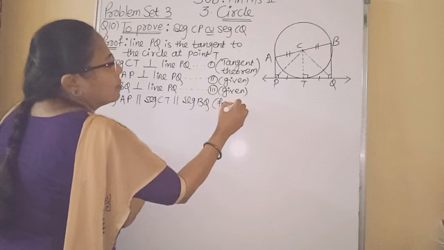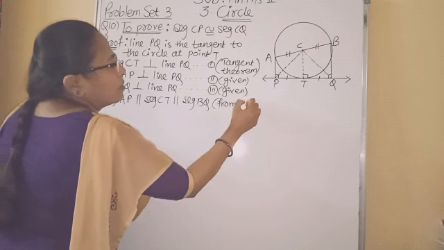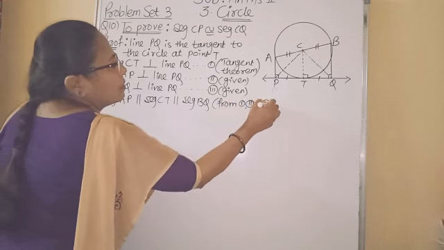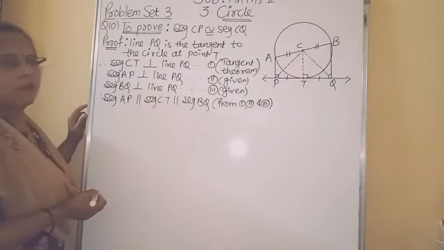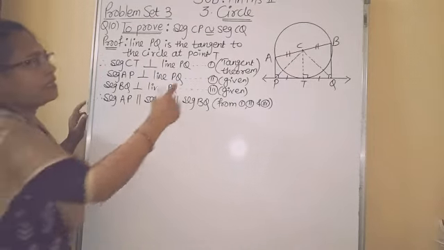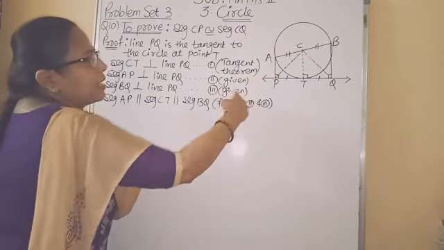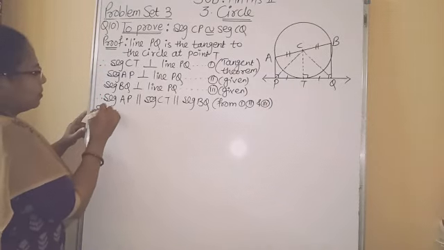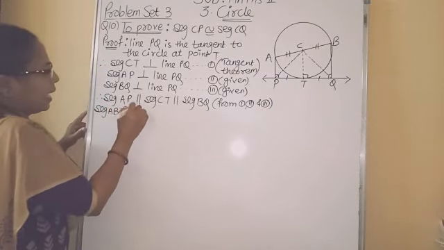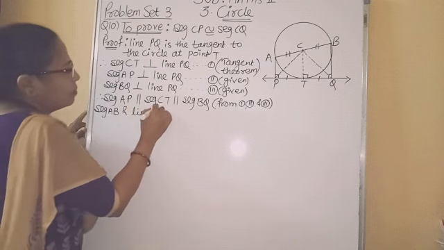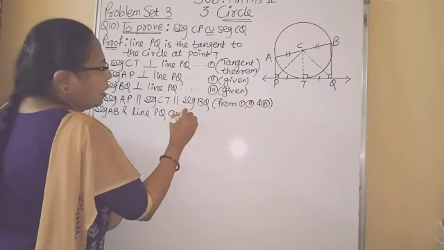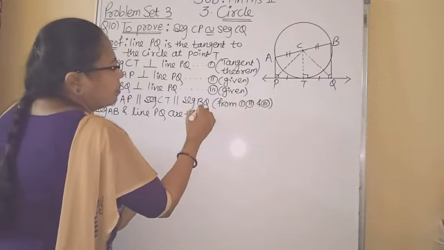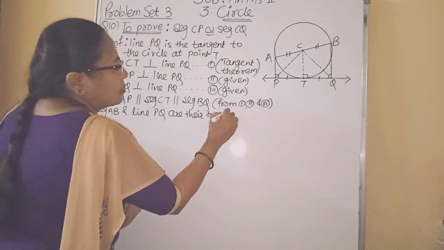From 1, 2 and 3. And which are their transversals? Segment AB and line PQ are their transversals.